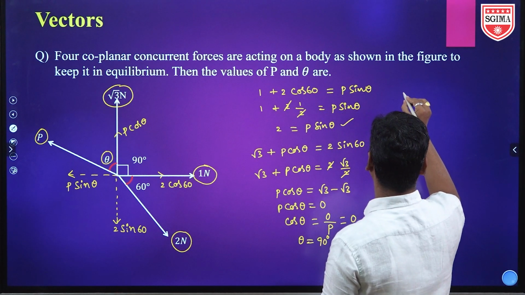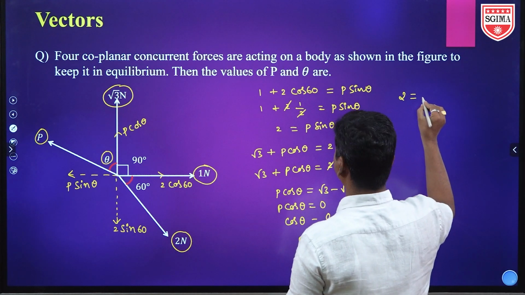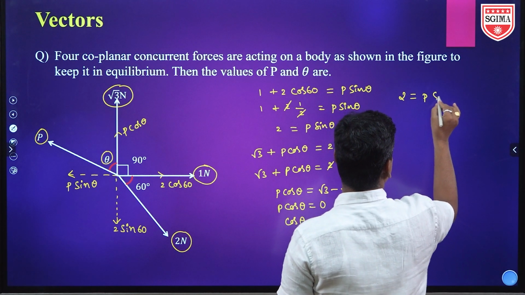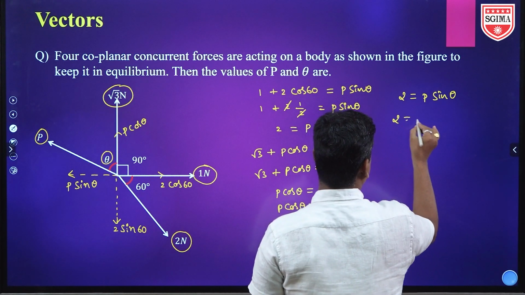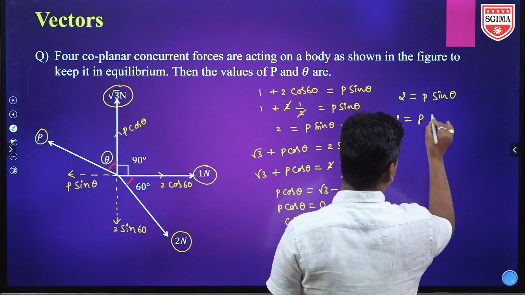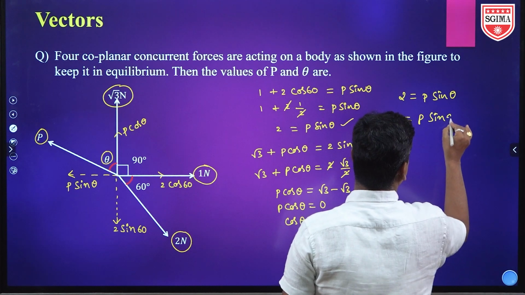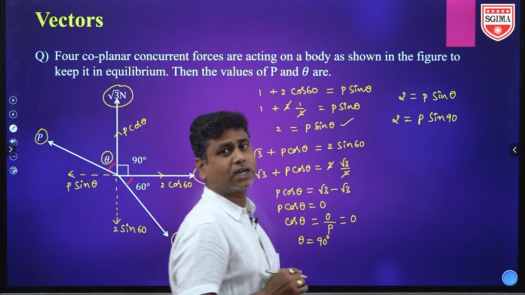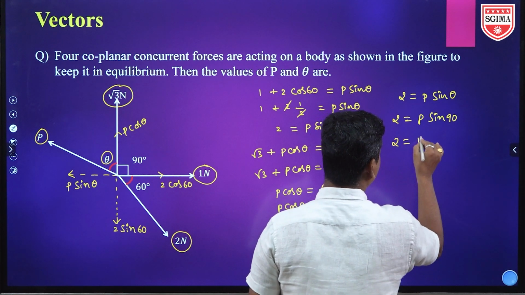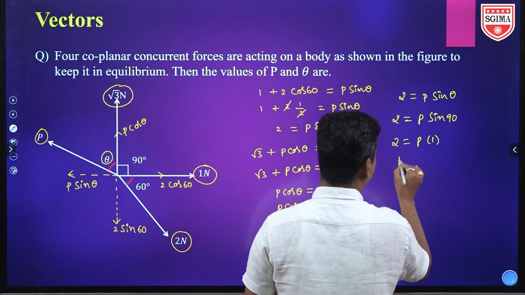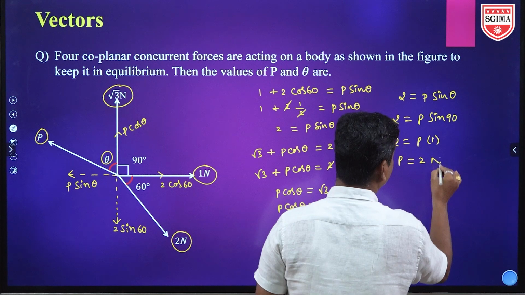So take this equation, here 2 equals P sin theta. Write 2 equals P, theta value 90, sin 90. The value of sin 90 equals 1. So write 2 equals P into 1. So here P equals 2 Newton.